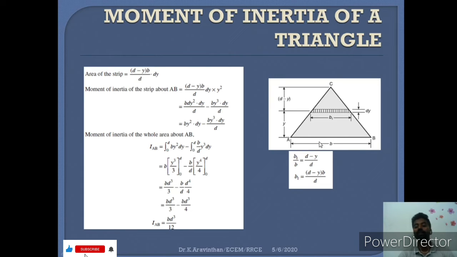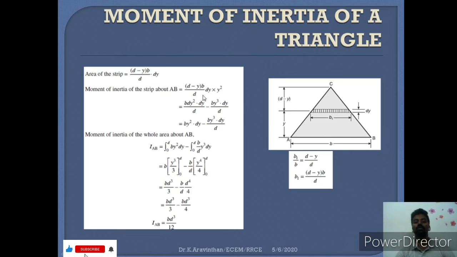Next we shall find the moment of inertia about the bottom plane. Here the reference axis is AB. From this bottom, let us find the moment of inertia. If you want to find from the bottom, you have to identify the distance. So the distance of the elemental strip is y here. So area into distance square. You have found the area and the distance is y here, so we will substitute y square.